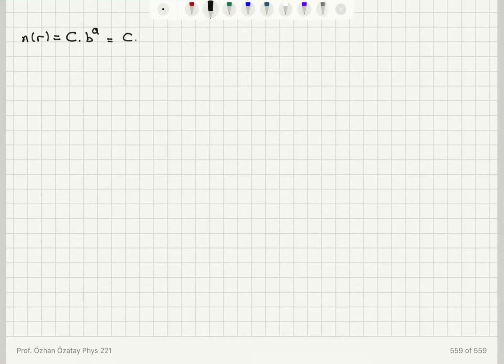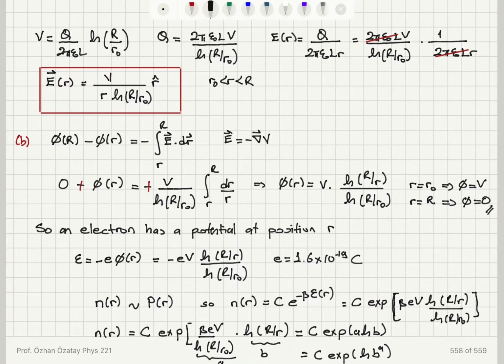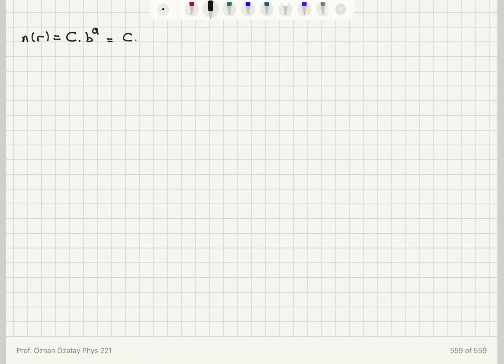So it is c times, what did I call b? Let me be careful here. What I call b here is capital R over r. So maybe it's better I write this explicitly here.